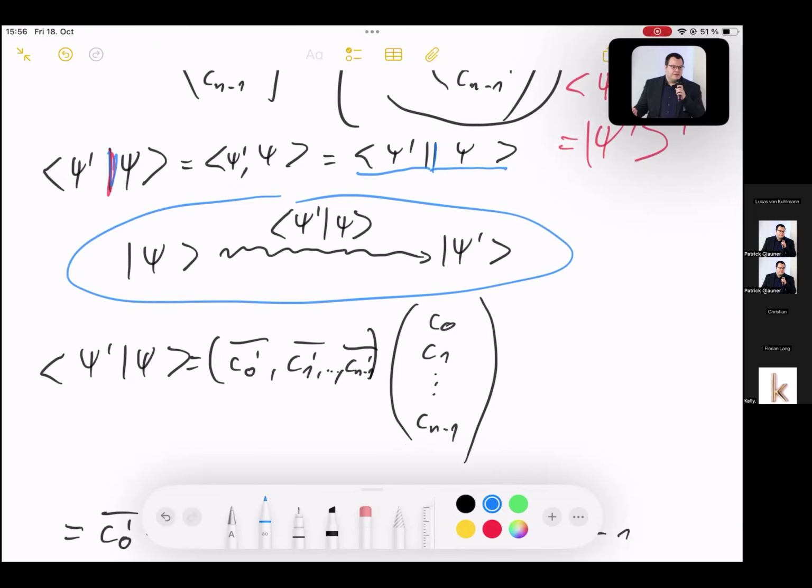We can try one example together to calculate this.